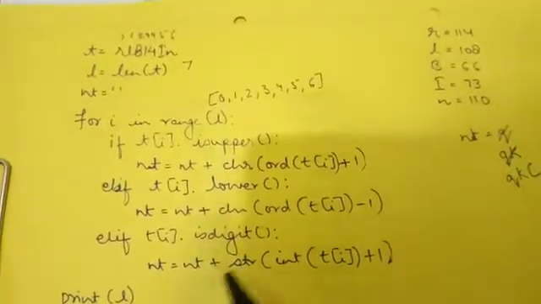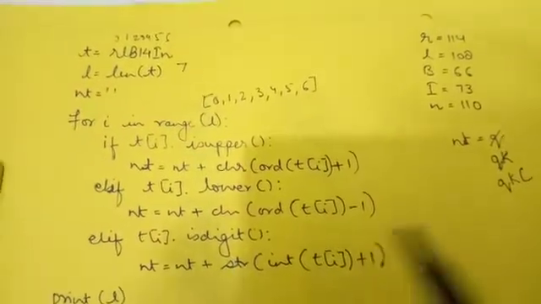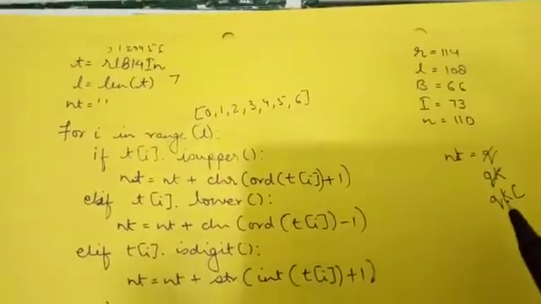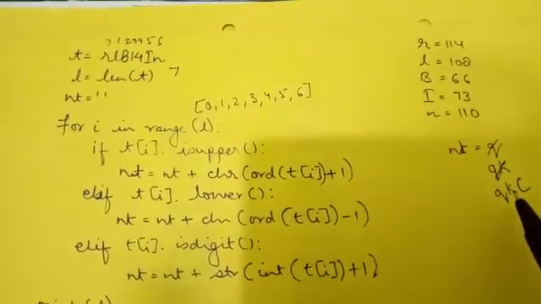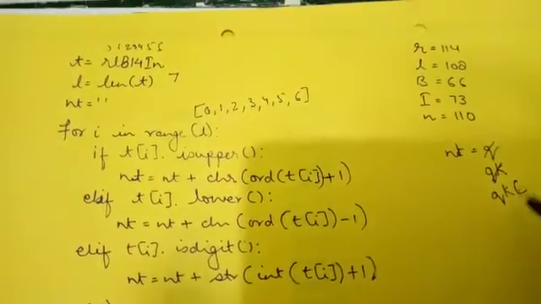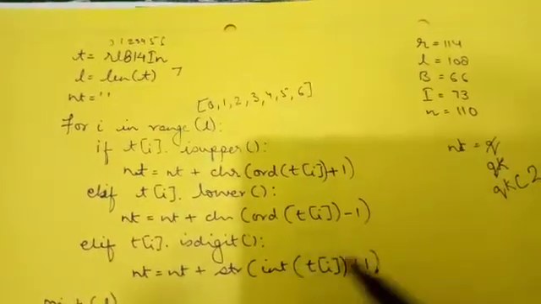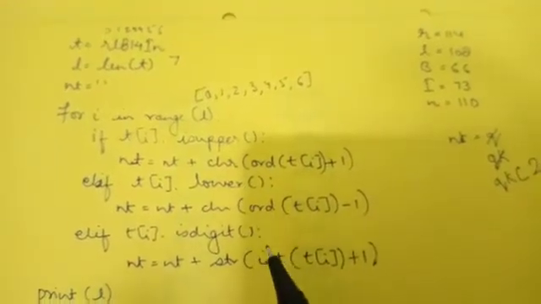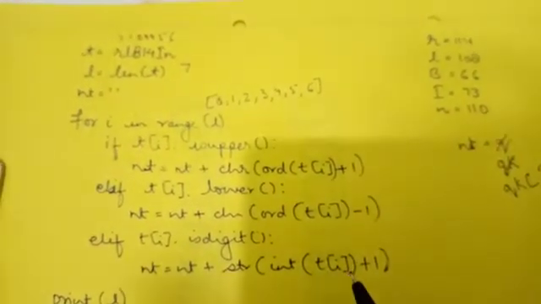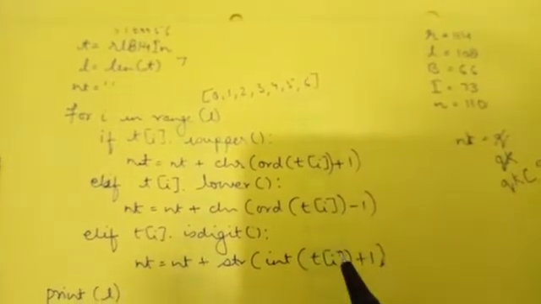Add this into nt, okay. So it will be what? nt is this, str this, so it will be 2. Again now the next value 4, this is false, again here 4 converted into integer, 4 plus 1, it will be 5.